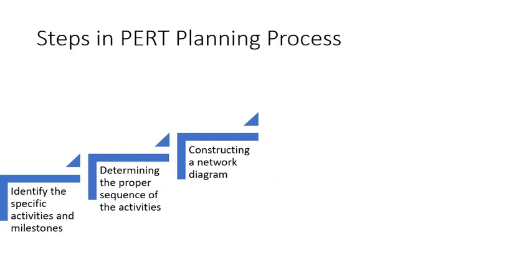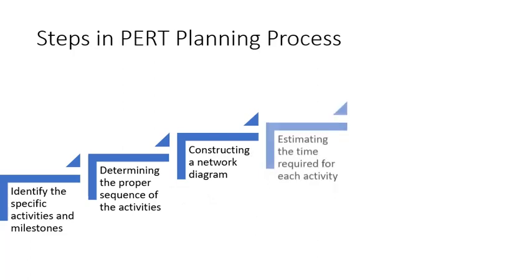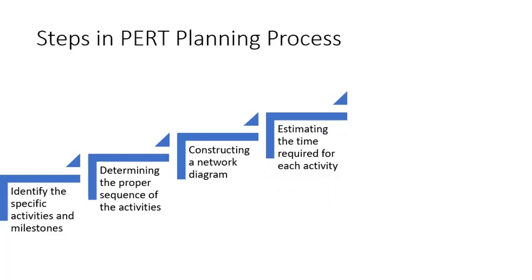In the next few slides, we will be studying how to construct a network diagram as well. Then the fourth step in the planning process is estimating the time required for each activity. Weeks are a commonly used unit of time for an activity, that is, a specific activity may require 2 weeks to complete or 1 week to complete.